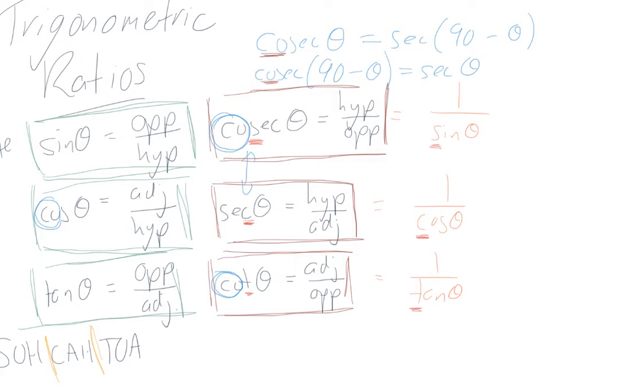You have sine here and cos here. Cos is cosine. So sine and cosine, they go together as well. They have similar properties like what you see here. Okay, so if you are looking at those two, you can say that cos theta is the same as sine 90 minus theta.